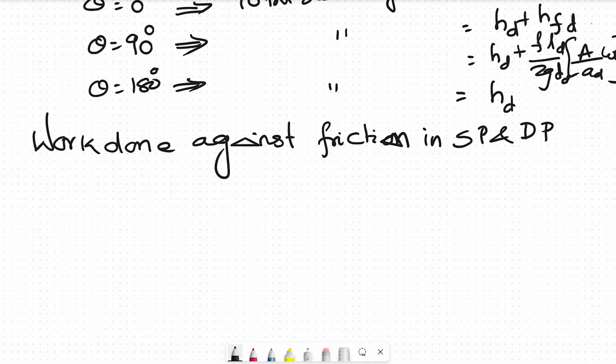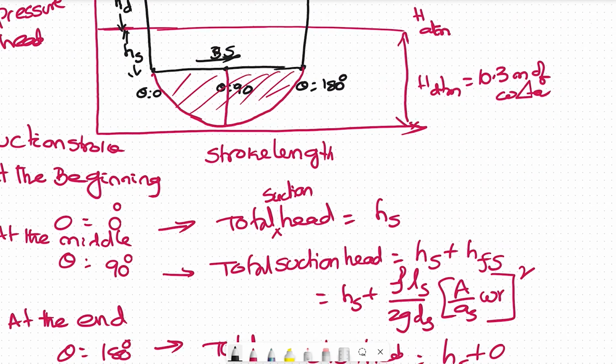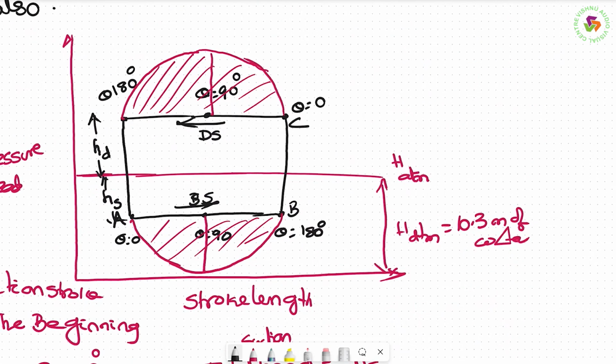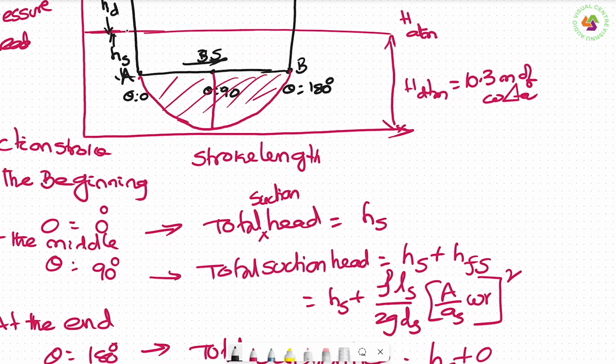If I calculate the variation, as I already told, it's a parabola. If you just see the figure, if I call it AB basically, and this ideal indicator diagram CD, then this is EF, where we have put atmospheric pressure.